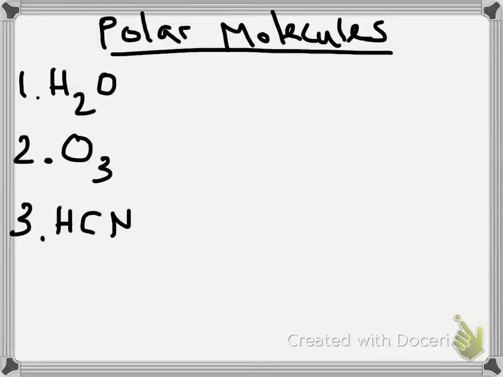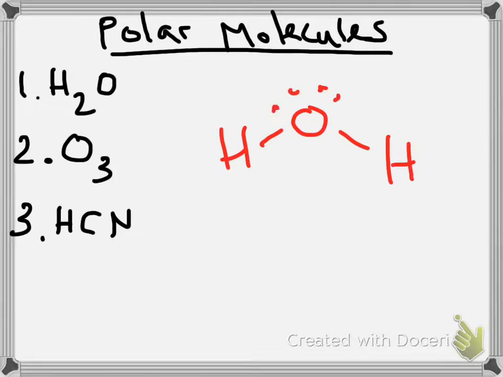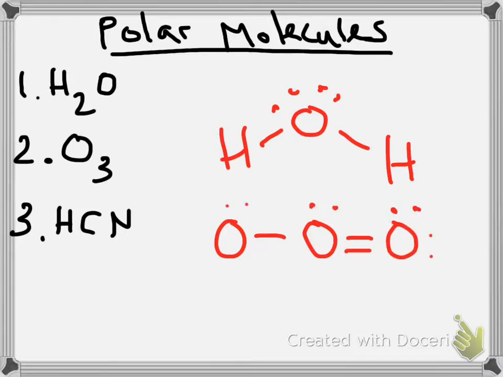These are all examples of polar molecules. If we take our first one, H2O, notice there are lone pairs of electrons on our central atom. So that is polar. O3, so ozone, again, even though all the oxygens are the same, there are lone pairs of electrons on our central atom.